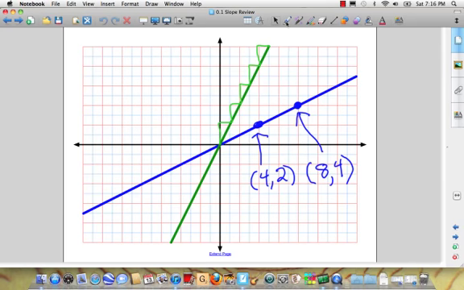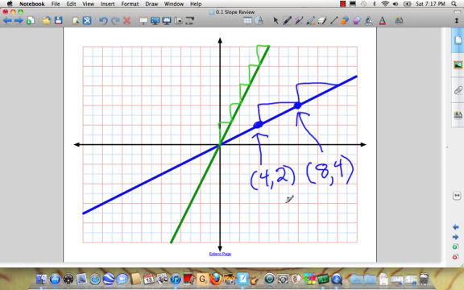So essentially what we're going to do is we're going to see what is the ratio of this staircase. How far up do you go compared to how far over you go if you're climbing this staircase. So in order to figure out this distance here, which we call the rise, we're going to do, well, this is at a height of 2 and this is at a height of 4.